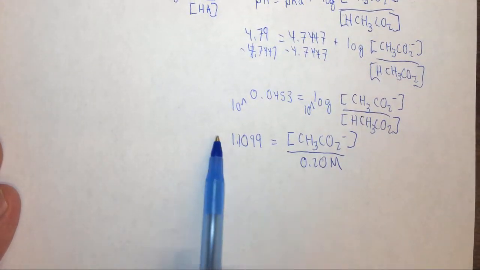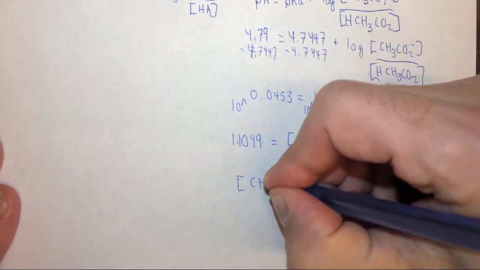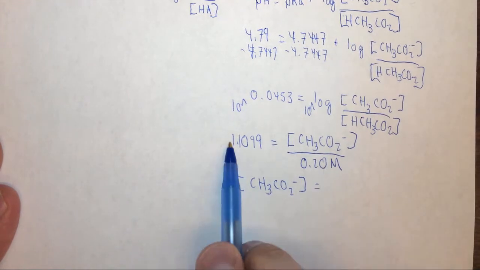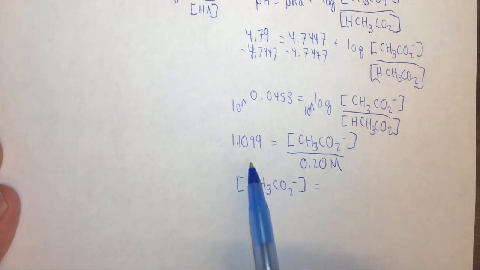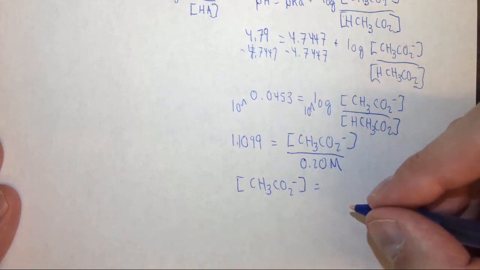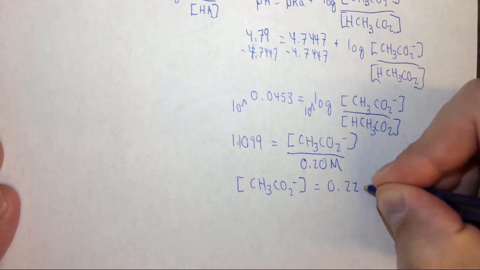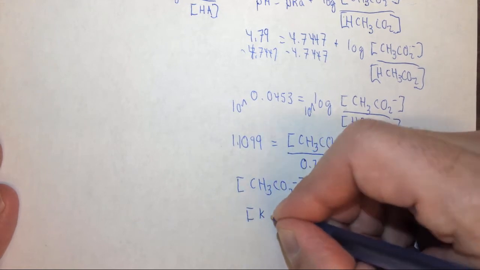I'm now going to cross multiply, and when I do that, I get that the concentration of CH3CO2 minus equals 0.2 times the 1.1099, and what I end up with is the concentration of this acetate ion is 0.2219 molar.